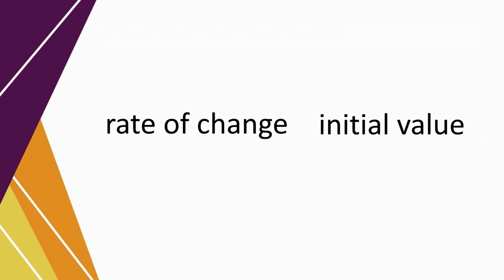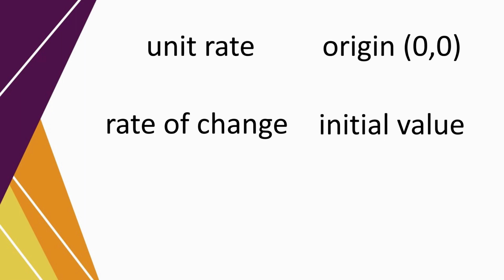There are 2 key features associated with linear relationships: the rate of change and the initial value. The development of the vocabulary in these lessons is connected to the development of the concepts throughout the course. In 7th grade, students identified the unit rate and the origin as key features of proportional relationships.